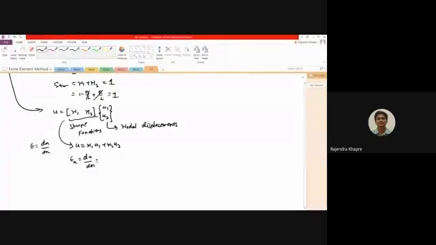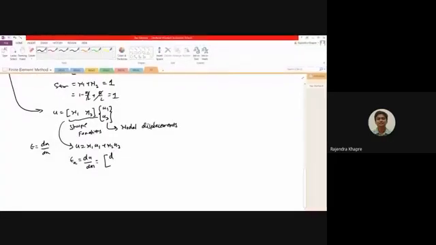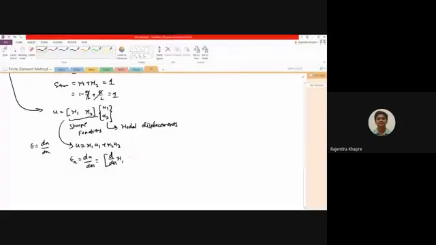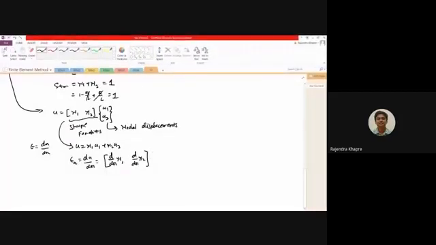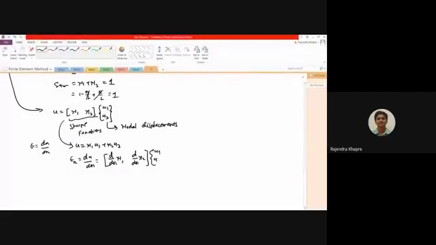So this is du by dx. Now this will take a shape something like d by dx of n1 and d by dx of n2, multiplied by u1 and u2. Because u1 and u2 are nodal displacements, they cannot be differentiated. Only n1 and n2 can be differentiated, because n1 and n2 have terms of x.